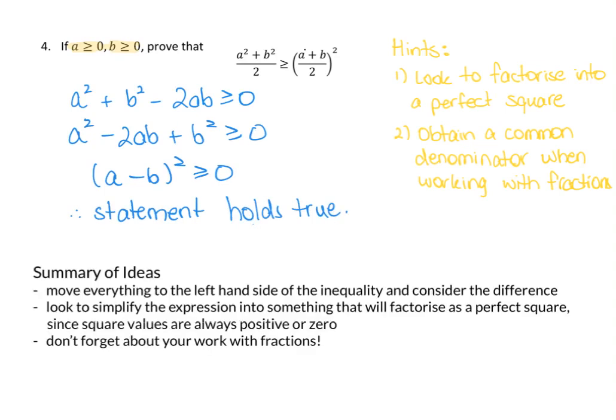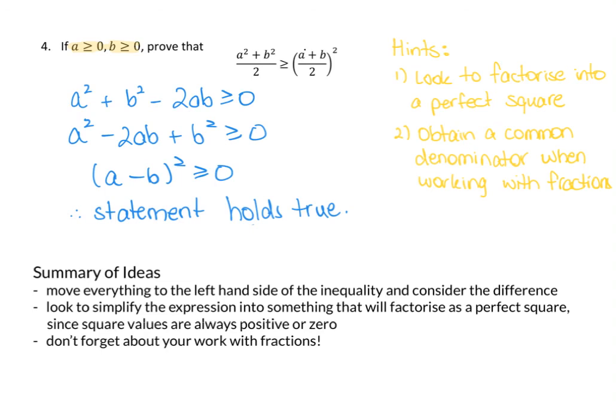And this gives us a little summary of ideas for when we are solving these types of inequality questions. So remember that we're looking to move everything to the left-hand side of the inequality and consider the difference between the two expressions that we're given, particularly if it allows us to then prove that something is a positive value.